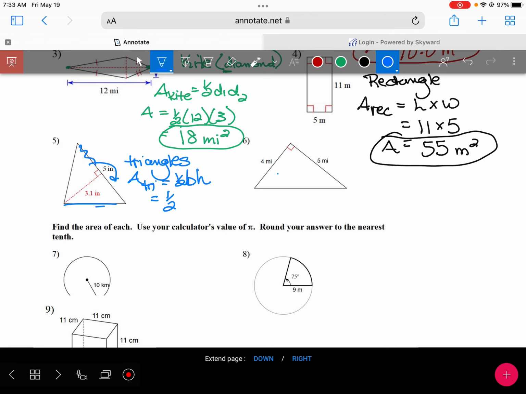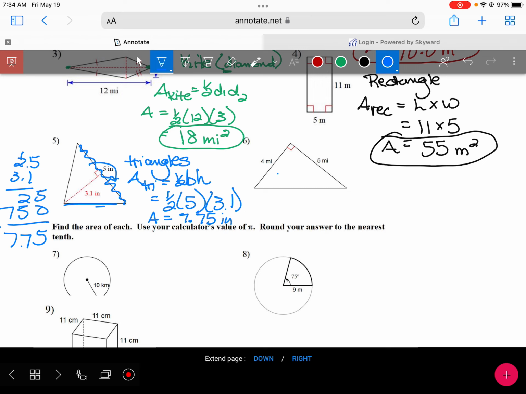We could make this the base, which is 5 times 3.1. And shoot, I didn't multiply those either. 1/2 of 5 is 2.5 times 3.1. 7.75. I was almost there. Yes, 7.75 inches squared.